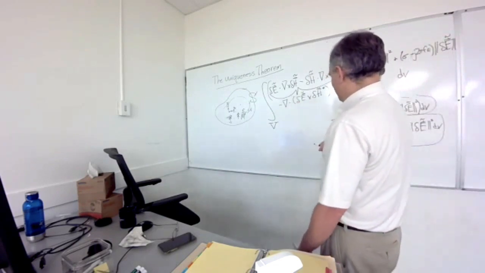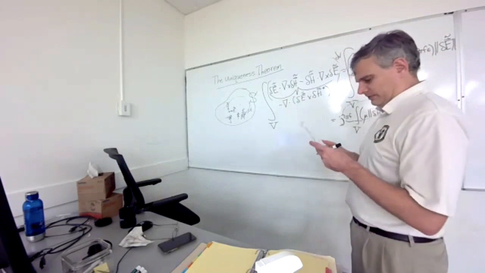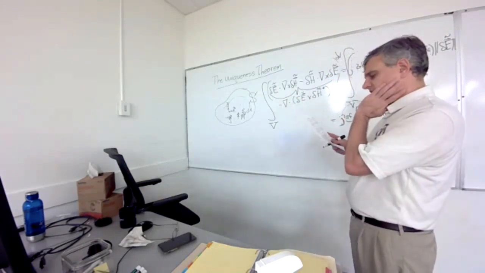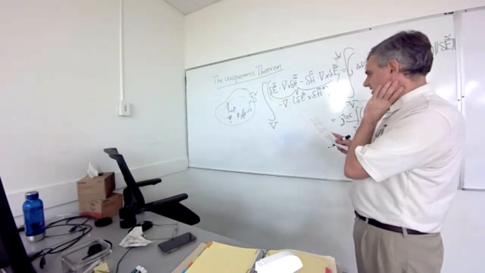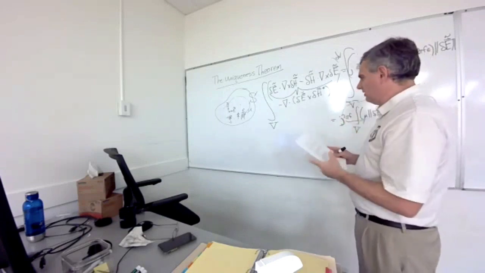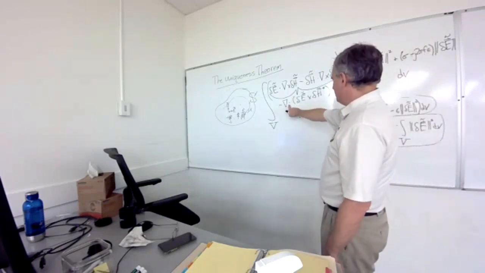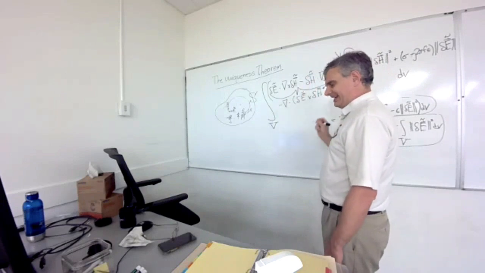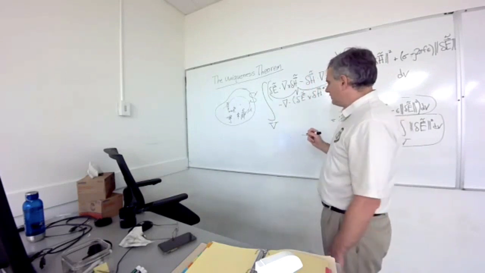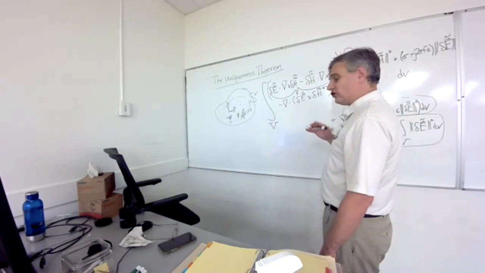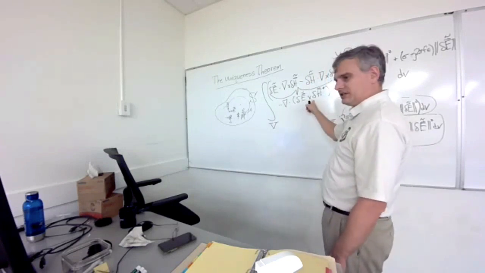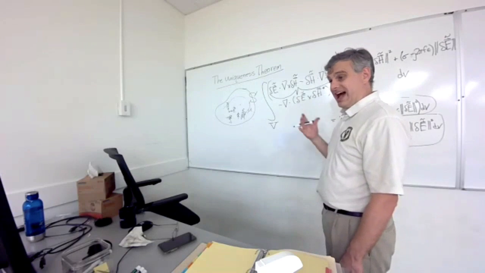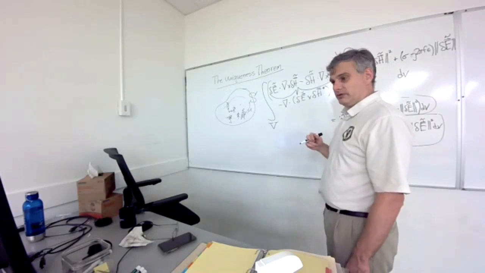This, on the other hand, I'm going to invoke a theorem in electromagnetics. Remember Gauss's law, which said that the divergence of a vector field, if you volume integrate it, is exactly the same as a surface integral of the flux of that vector coming out of the volume.